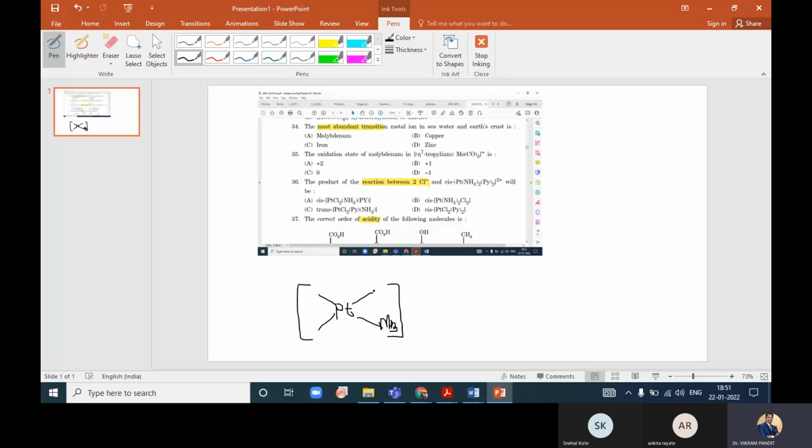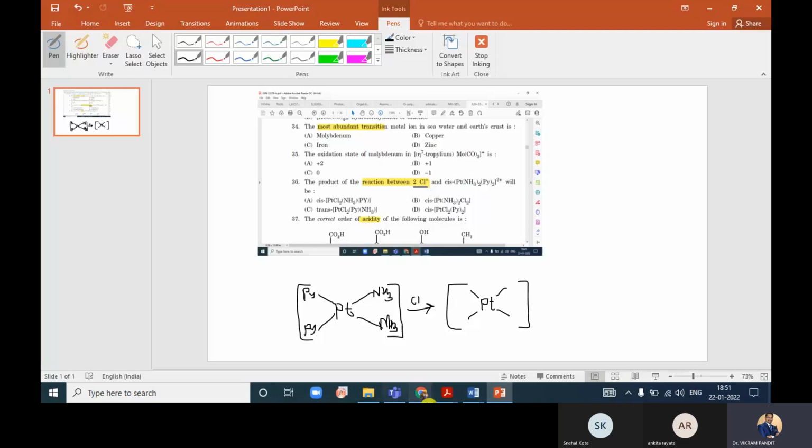So a better way, I will just write this NH3 on top here. Then the remaining ligand over here is pyridine, py and py. This is the reaction, and you have to do this type of reaction with chlorine two times. If you add Cl minus over here, you will get the same type of compound. Now platinum will be there, but which ligand will replace the group trans to itself?